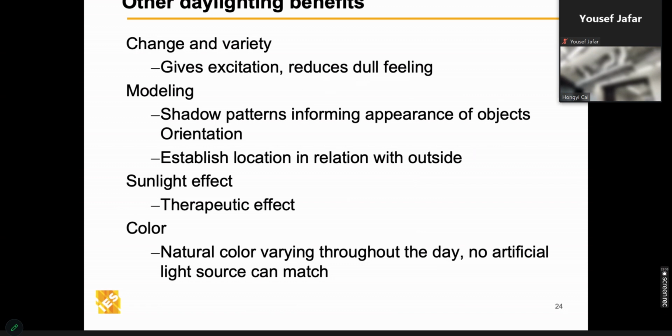Sunlight effects, these are like therapeutic effects. You can use sunlight, especially infrared light and UV light, to cure skin disorders, avoid some other problems, or cure some diseases.